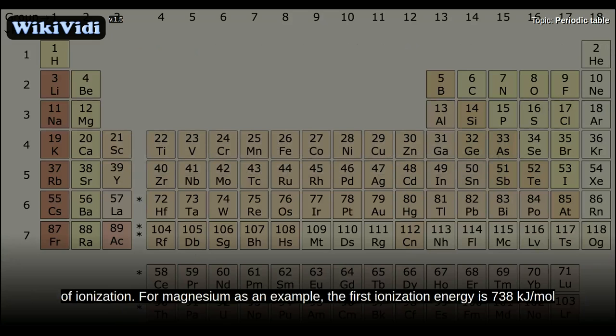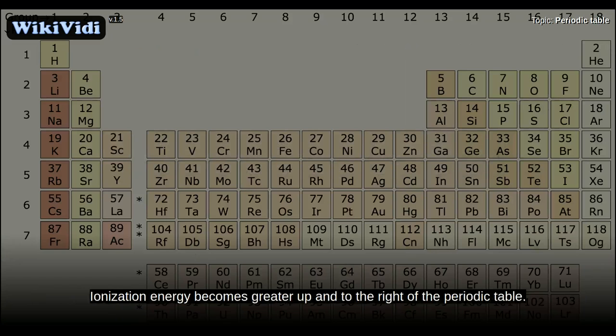For magnesium as an example, the first ionization energy is 738 kilojoules per mole, and the second is 1450 kilojoules per mole. Electrons in the closer orbitals experience greater forces of electrostatic attraction, thus, their removal requires increasingly more energy.